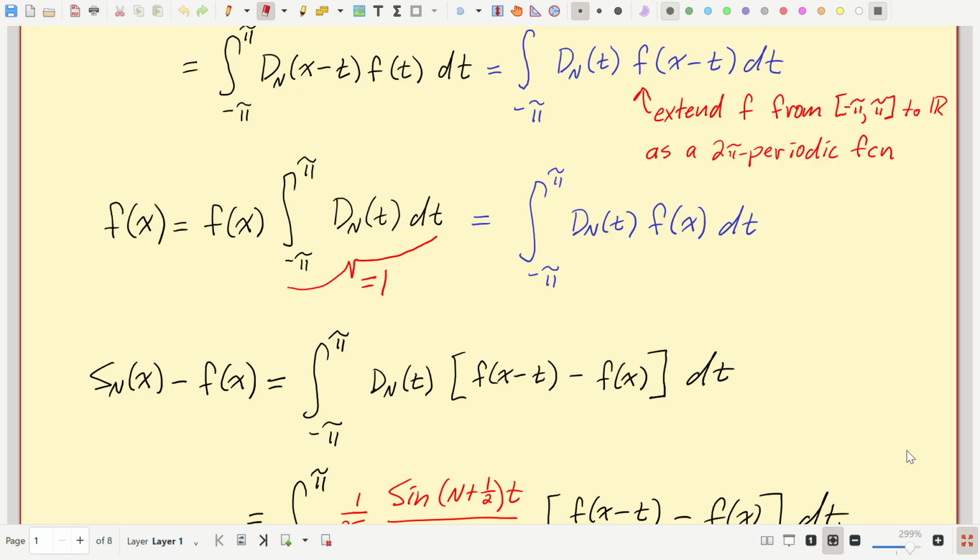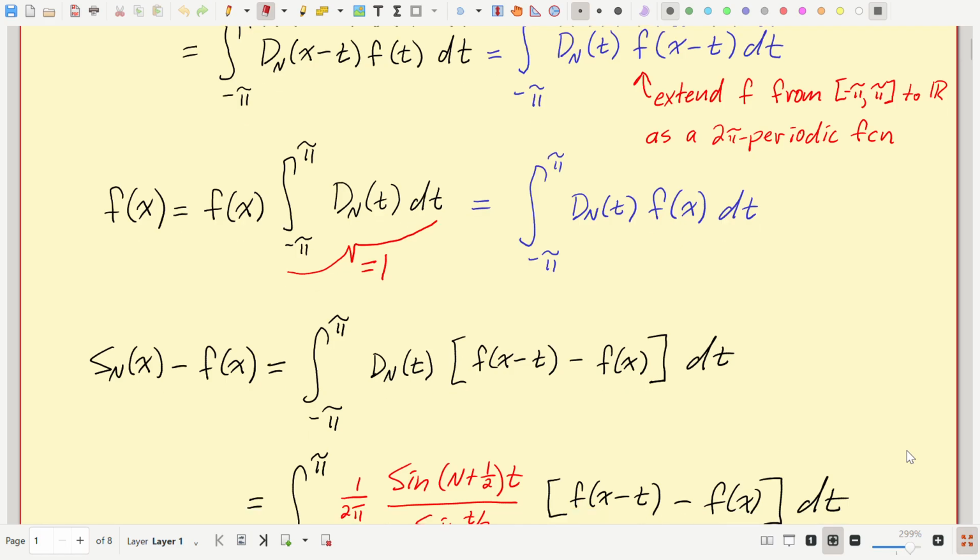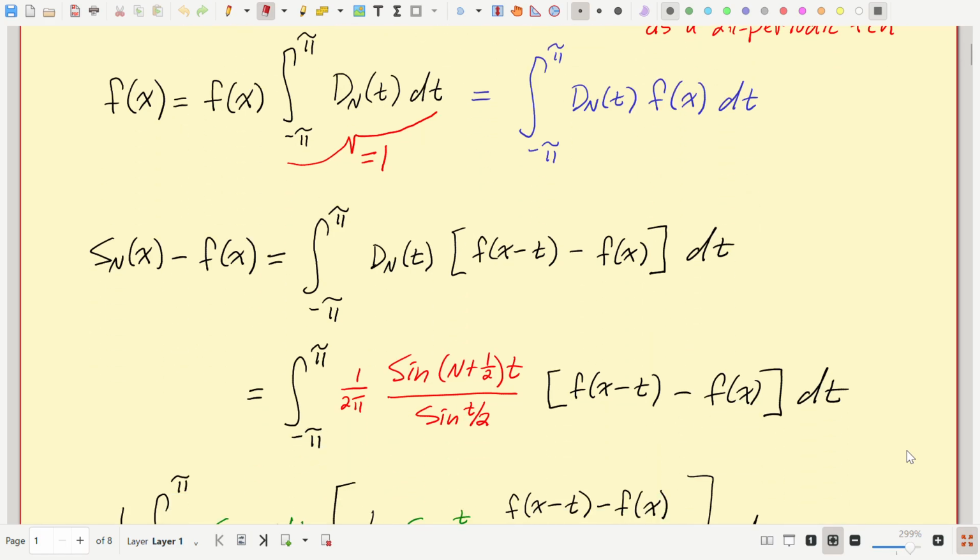So this is just a summary of what I did last time. I put in the formula for the Dirichlet kernel in terms of a well-known function, the sine function, and look at that for a second. I'm going to slide that sine t over 2 underneath the stuff in square brackets.